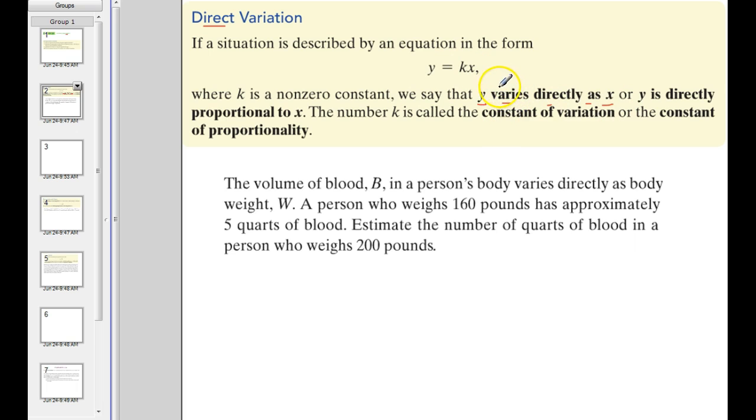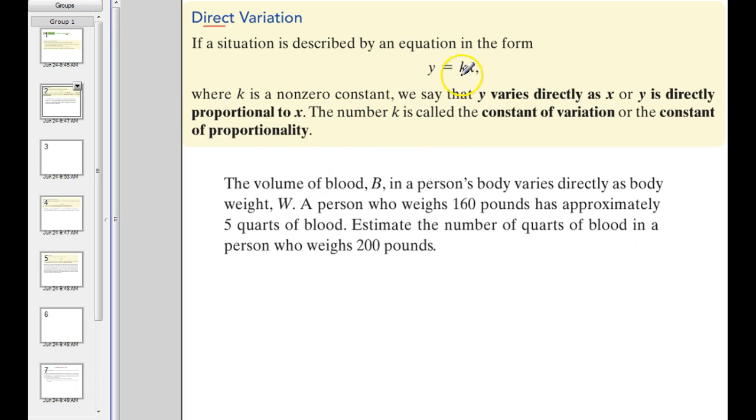Think of "varies directly as" as "equals k times," and then the y is in front and the x is in the back. y equals k times x.